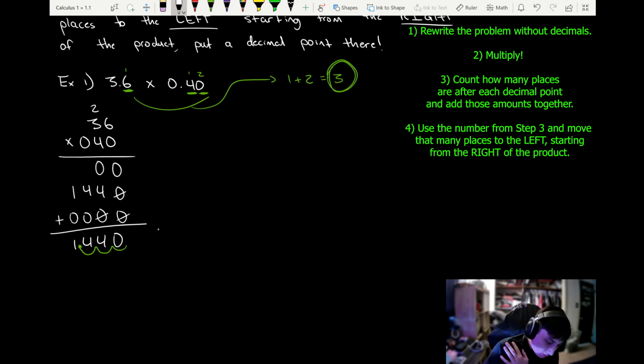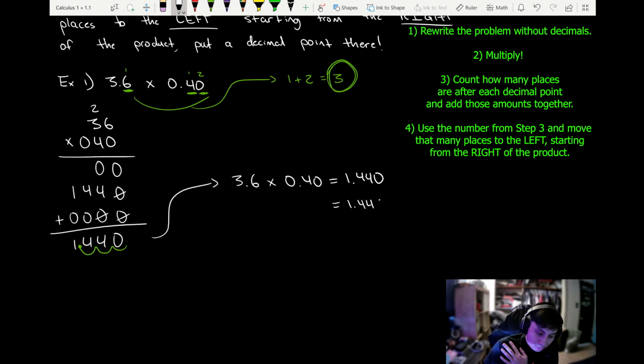So we say that 3.6 times 0.40 is equal to 1.440. We can actually rewrite this and take out that last 0, 1.44. Cool. Okay, so now I'm going to have you try one, so I'm going to pause the video right now.